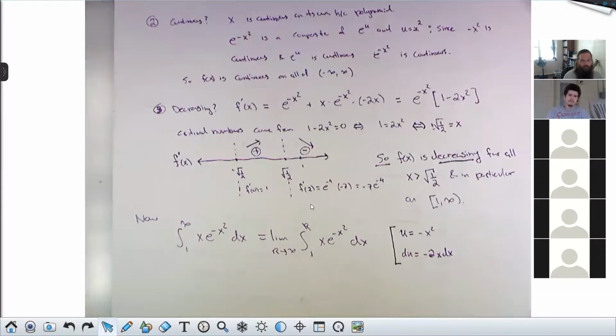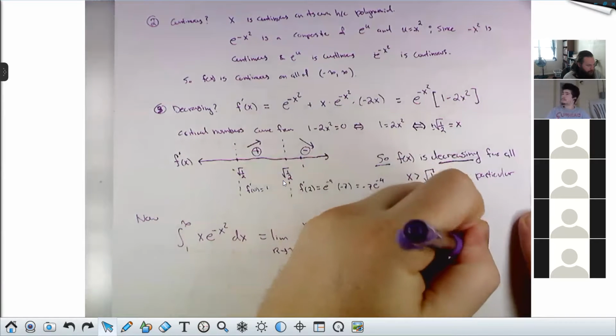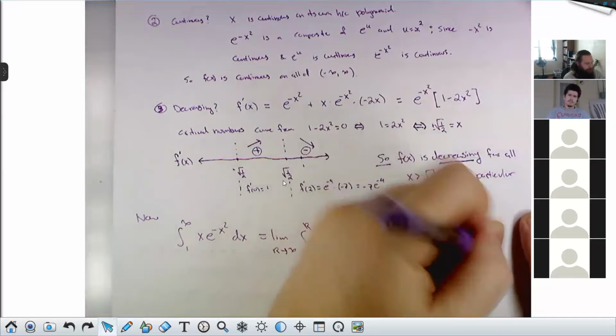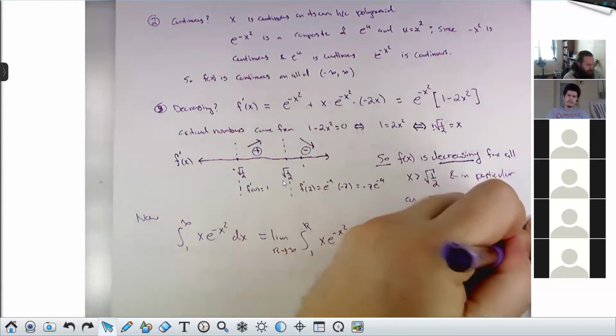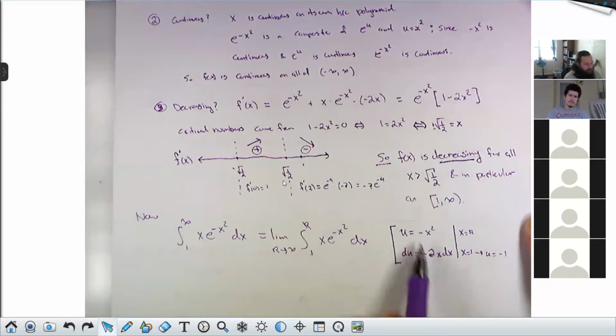We need to make sure we change our bounds. Excellent, thank you, Matthew. So when my old bounds were x equals 1 and x equals r: when x is equal to 1, u is equal to negative 1 squared, the negative of 1 squared. I want to be clear about that. This negative is not being squared, only x is being squared.